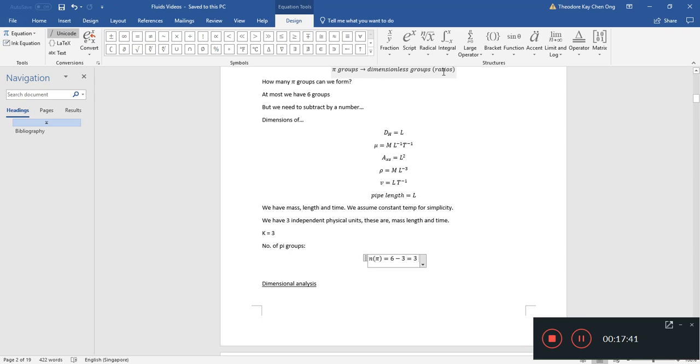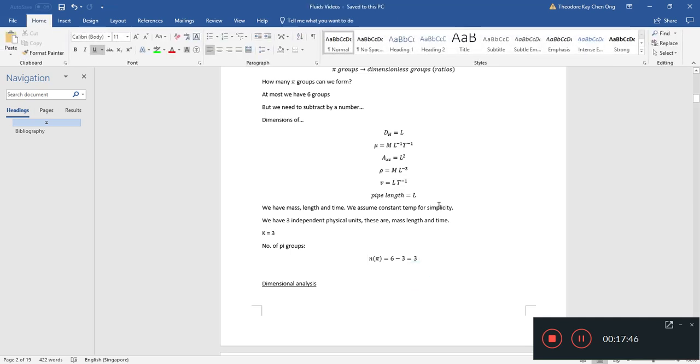Now how are we going to find those dimensionless groups? If you've heard of Rayleigh's method, we can use that, but I'm going to try something a little simpler.